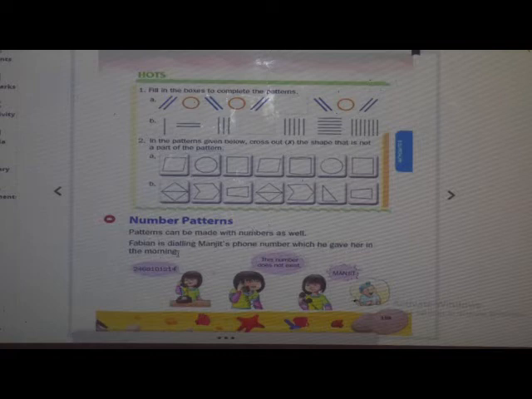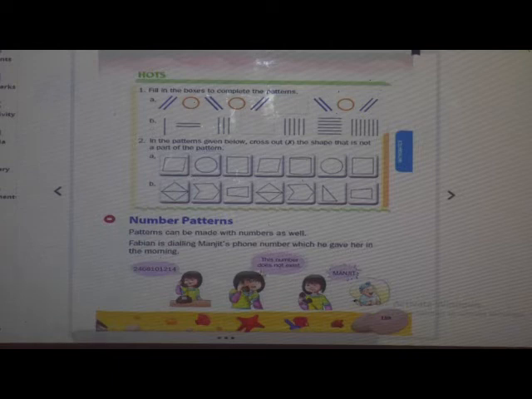Fabian is dialing Manjit's phone number, which he gave her in the morning. See, Fabian is calling Manjit, and this is the number which Manjit has given. You can see the number. When Fabian calls, what reply comes?